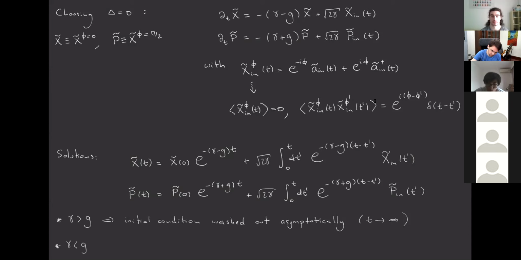And this is shown because X tilde increases exponentially. And in particular, if it increases exponentially, then it is failing to equilibrate. So it doesn't reach an asymptotic equilibrium state.